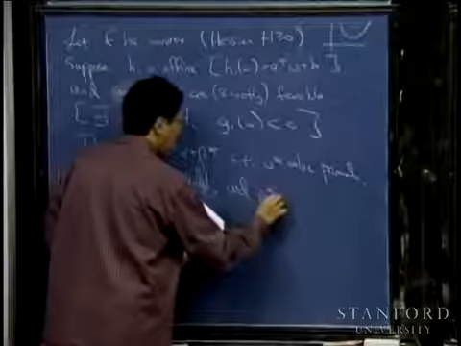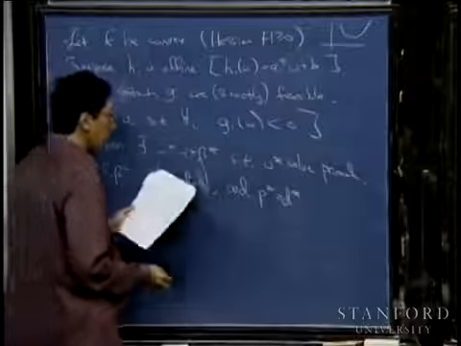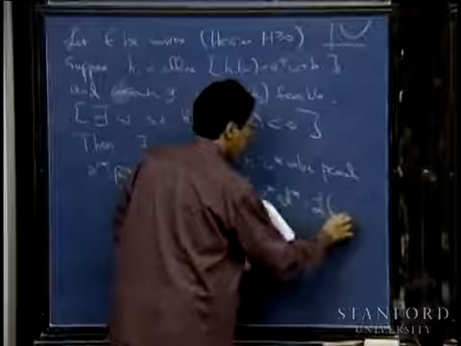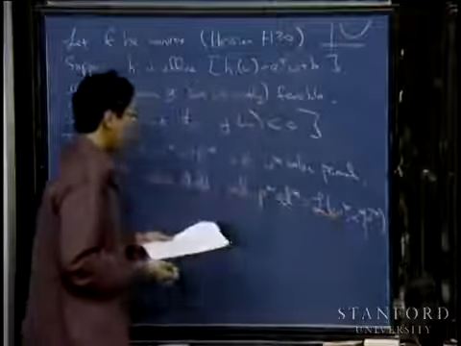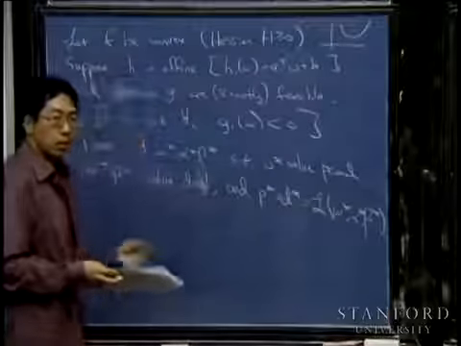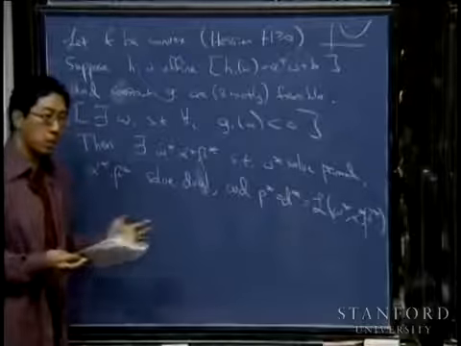And the value of the primal problem will be equal to the value of the dual problem, will be equal to the value of the generalized Lagrangian evaluated at w star, alpha star, beta star. In other words, you can solve either the primal or the dual problem, you get the same solution.